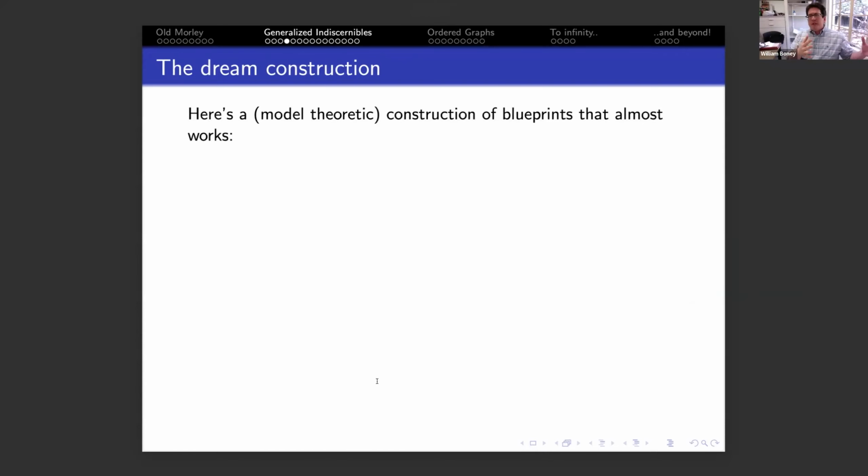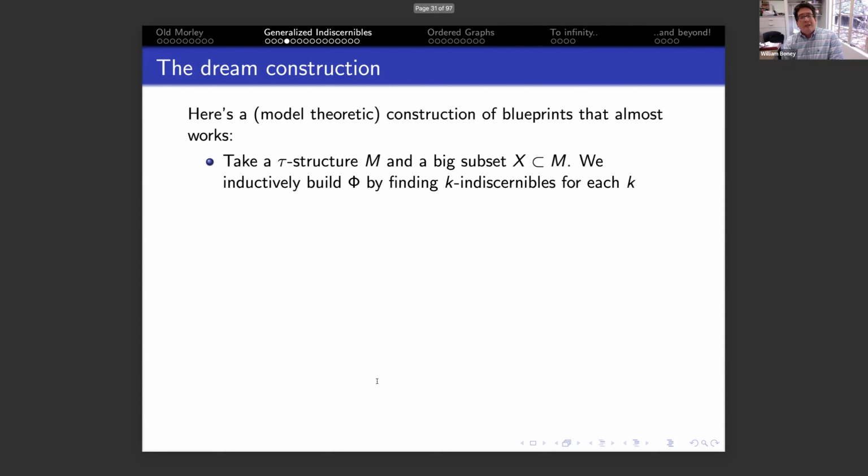We're going to go back to our model theoretic view. We start with some big model M, and we want to find some indiscernibles in it. So we take some tau structure M, we take some big set X, it's already been Skolemized, and we want to build phi by finding k indiscernibles for each k, and a coherent set of these.